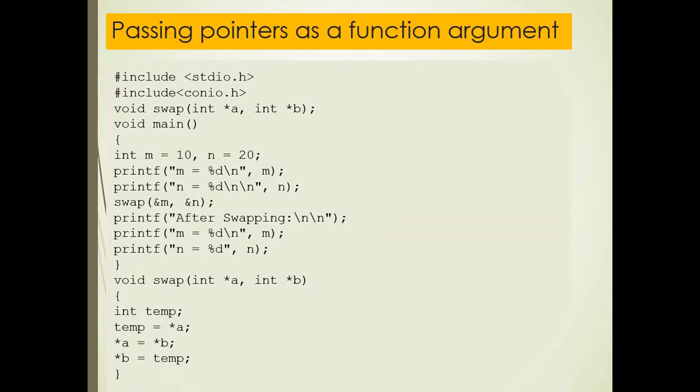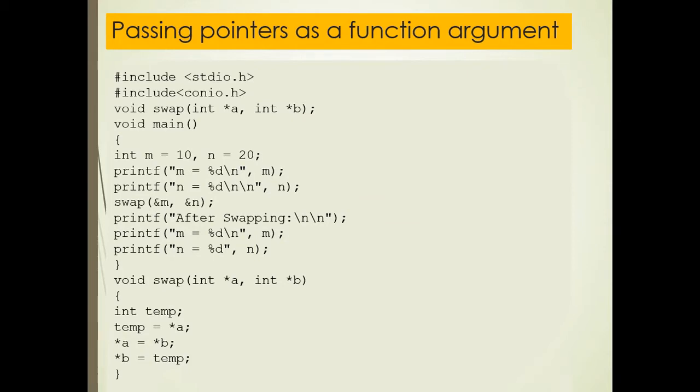And just to recall this concept, I already explained it when I explained functions, that is call by reference. So this is the same example here. You just see there is a prototype: void swap(int *a, int *b). Then I have taken two variables, m and n, and assigned values.